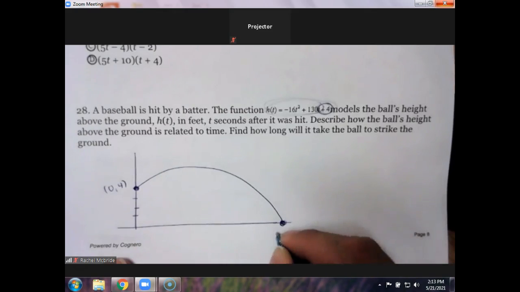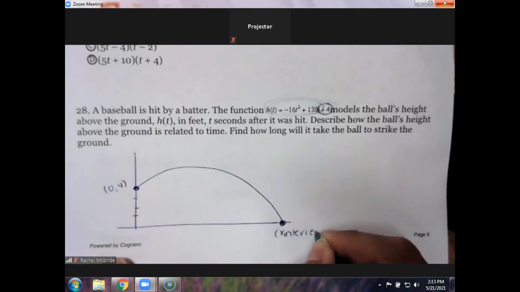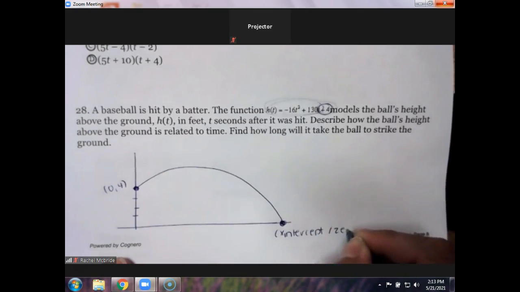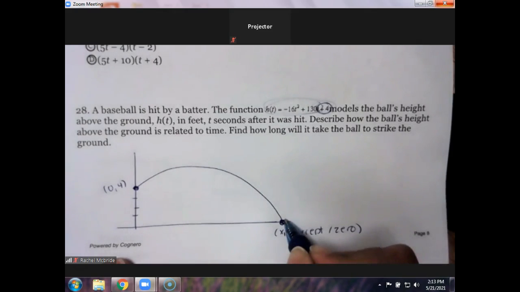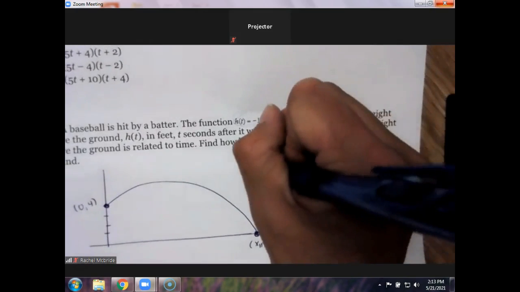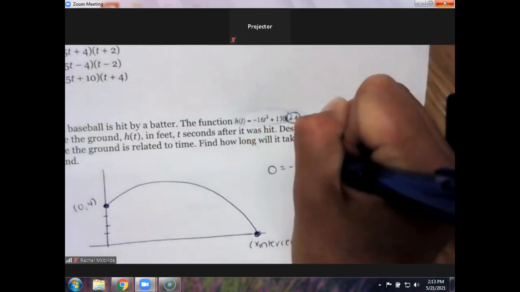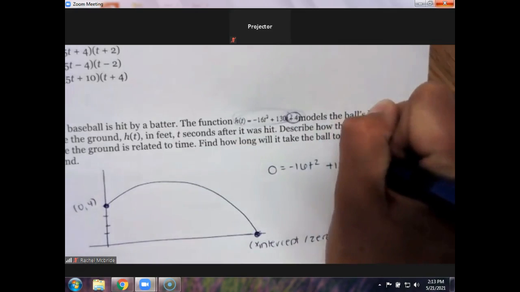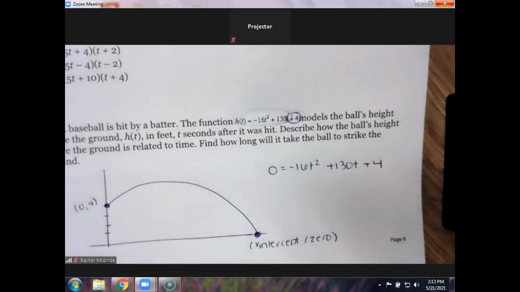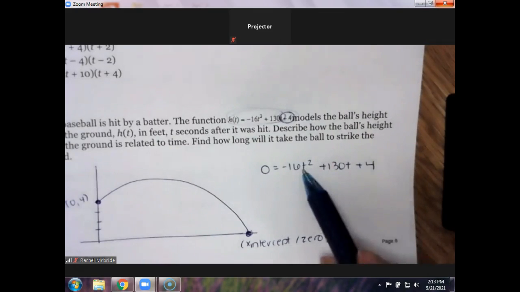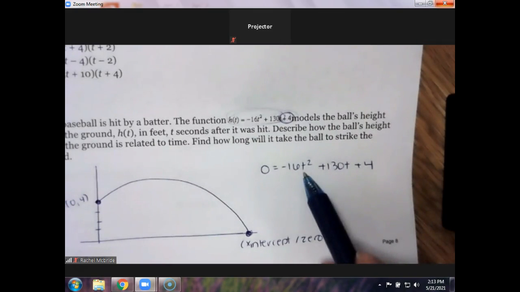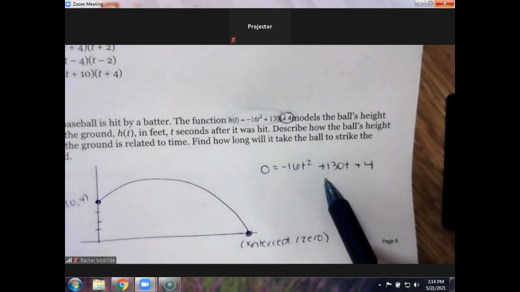The x-intercept, aka the 0, is going to give you the point at which it hits the ground. That occurs when the function equals 0. This function is not factorable because there are no factors of -64 that add to 130.